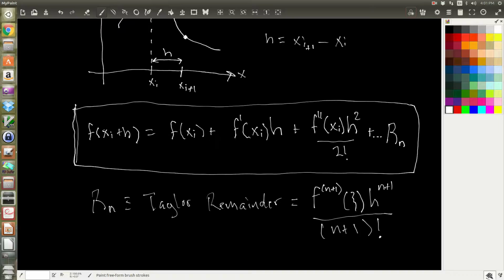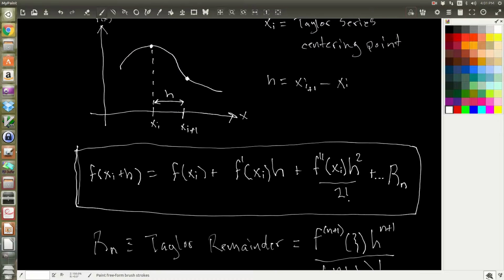Now, I'll explain more about this Taylor remainder in a moment. But right now, I want you to look at this and see that this Taylor series right here is telling us what this point is equal to. It's equal to the value of itself evaluated at this point. So this point right here is f at xi, right?